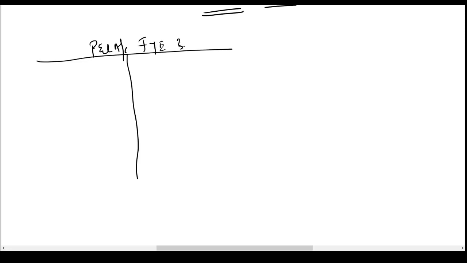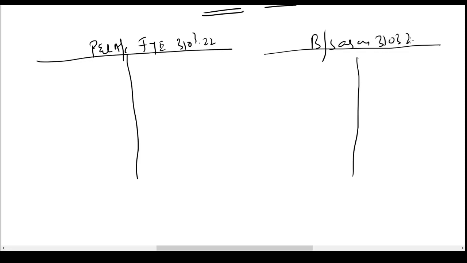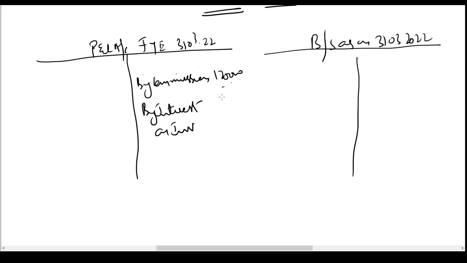Very simple. Profit and loss account for the year ended 31st March 22. Balance sheet as on 31st March 22. I'll write by commission 1,20,000, by interest on investments 60,000.